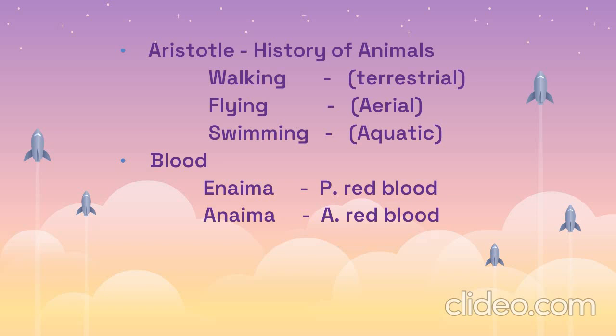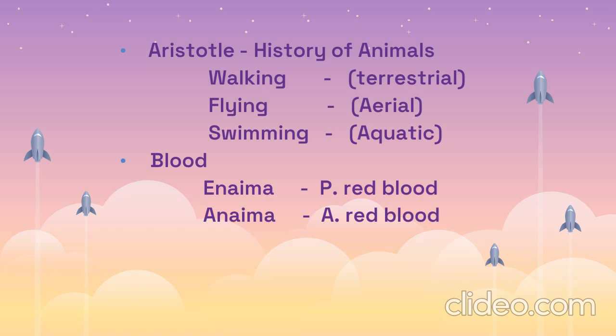Those who are living in the terrestrial region used to walk, the organisms living in the air used to fly, and the organisms living in the aquatic regions used to swim. So based on this locomotion and habitat, he has classified into 3 as walking, flying and swimming, or we could say terrestrial, aerial and aquatic, right?